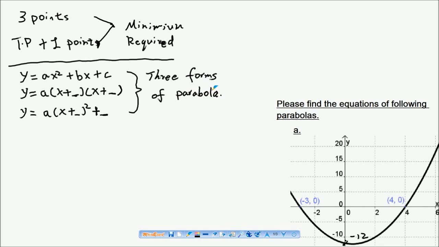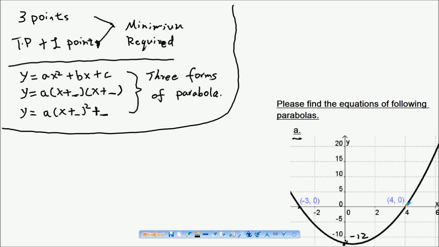Now let's do some examples. I'll show you how we use those equations to solve a problem. Let's look at the example questions here. In question A, we have a parabola and 3 individual points.